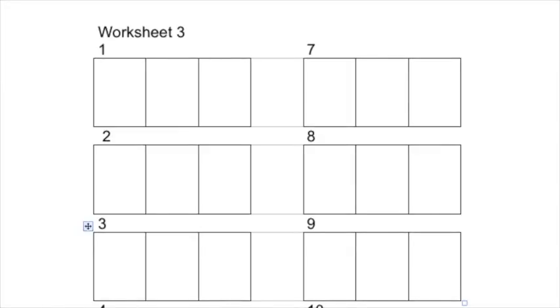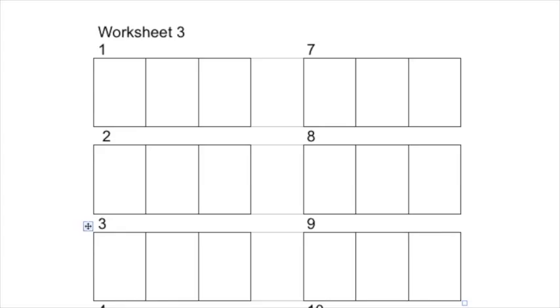Now turn to your worksheet number 3. There are no pictures on this worksheet, just some boxes that represent words with 3 sounds. I'm going to say some words now, and I'd like you to see if you can hear the S sound and write it in the box it should go in.